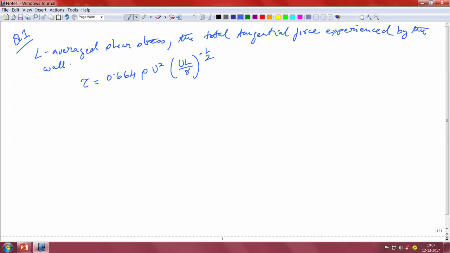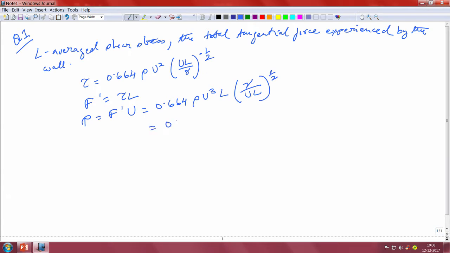This again comes from all the relationships that we did in our class. So, the force is basically tau into L, and the power is basically F prime into U. In other words, it is 0.664 rho U cube L times gamma by UL to the power of half. I just inverted the whole thing.